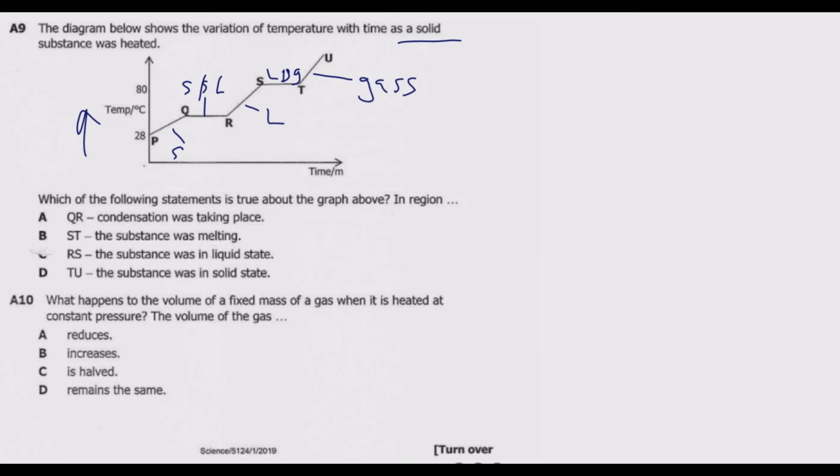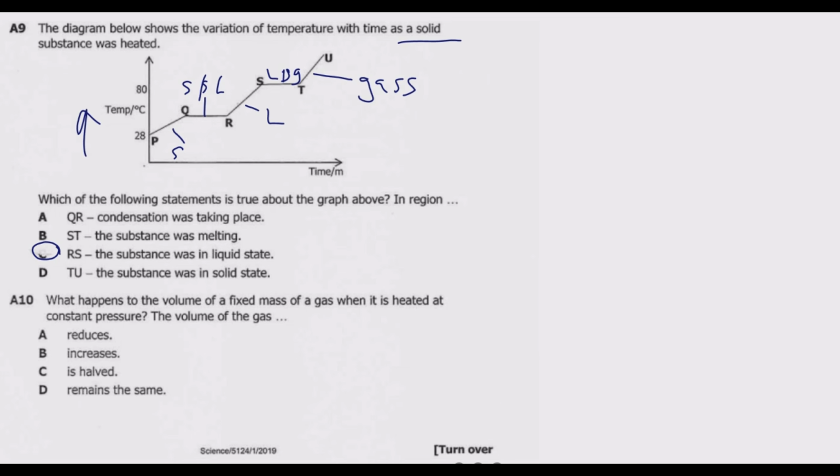Then ST. So ST is saying the substance was melting. The substance is not melting at B. Basically what is happening there, we have liquid and gas, so evaporation is starting to take place. RS, the substance was in liquid state, RS, which is C, is basically correct.